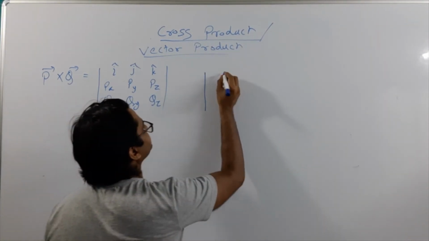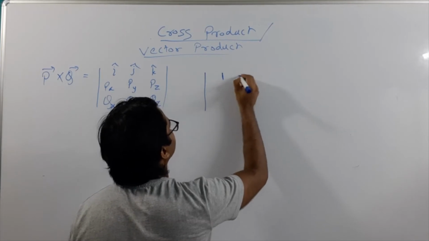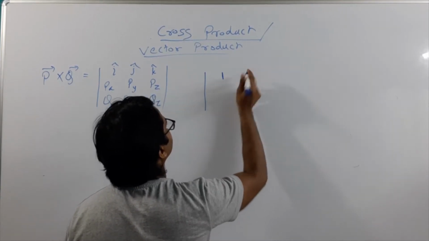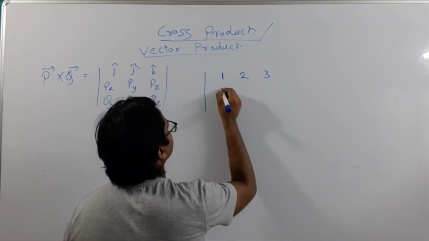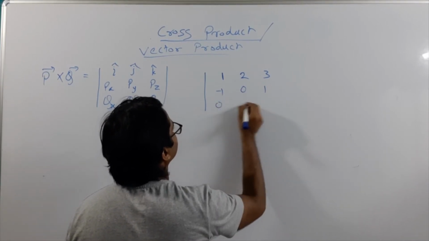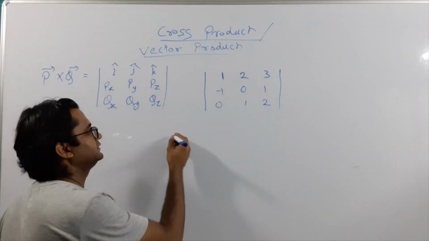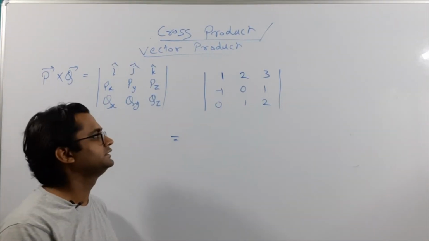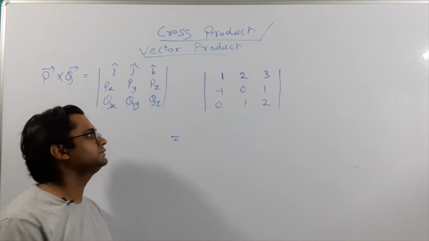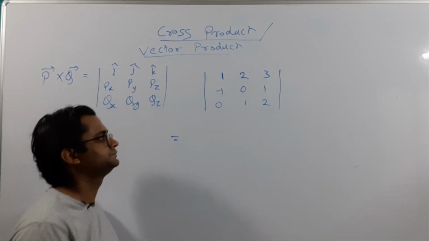So solve this one: 1 2 3, minus 1 0 1, 0 1 2. Now solve this determinant. Pause the video and solve it. I'll wait for you, and then we'll discuss the answer. So pause the video now.